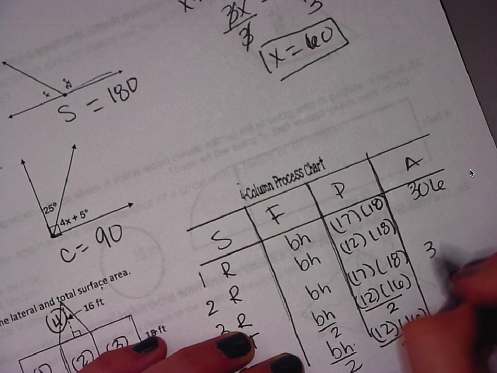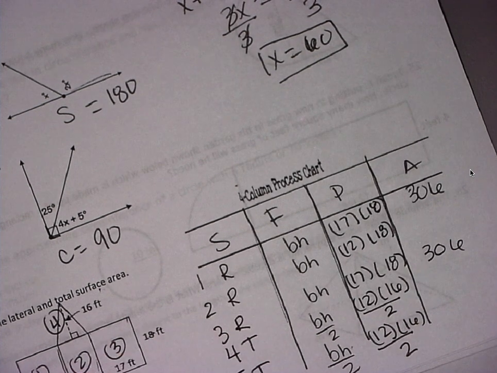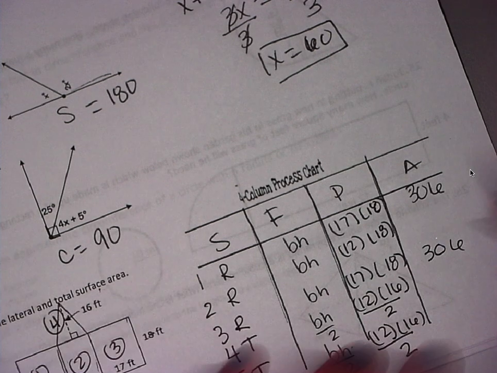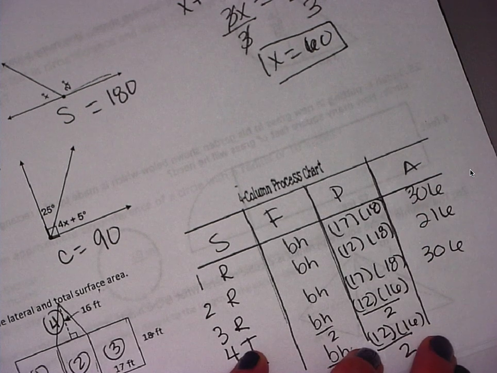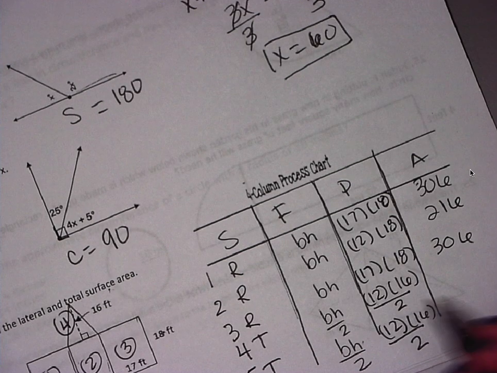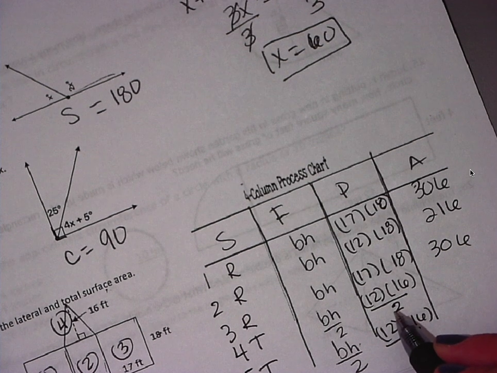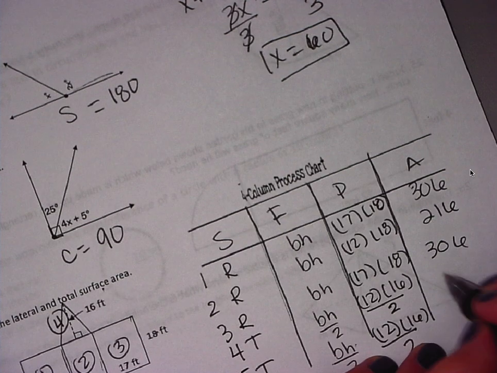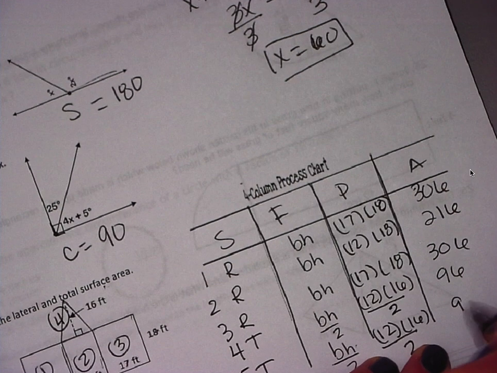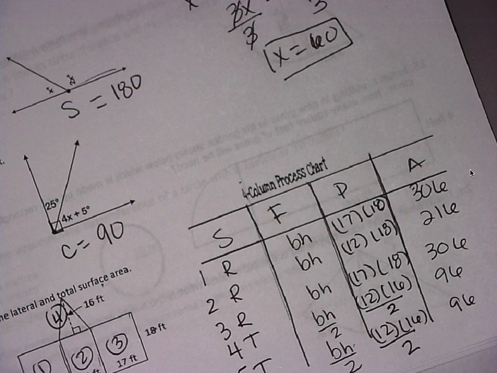So we know this one's also 306. And then 12 times 18 is 216. And then 12 times 16 divided by 2 is 96. So these two have to be 96. So now I'm going to go ahead and just add them.